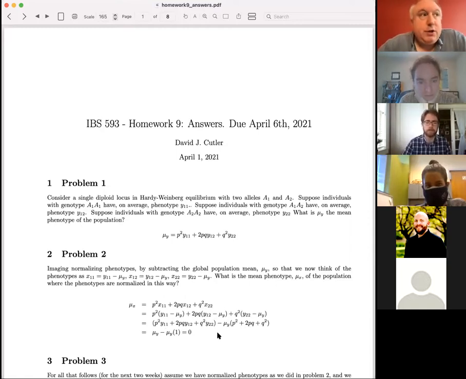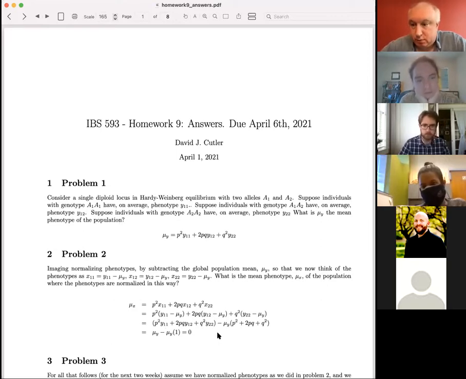So that's going to inform your intuition about quantitative genetics the rest of your life. If you are going to do a quantitative genetics problem, the first thing you do, before doing anything else, before thinking in any way, shape, or form, is subtract off the global means. You must get rid of those global means, or chances are you're going to apply a formula wrong somewhere.